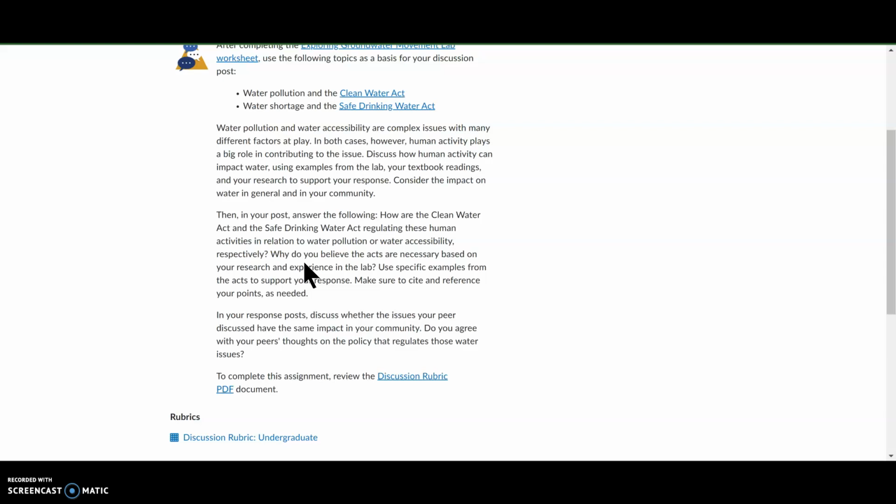You're basically looking at your peer and seeing if the issue that your peer brought up has impact in your community. Do you agree with their thoughts about the Clean Water Act and the Safe Drinking Water Act? So this is a really good opportunity to have a civil debate about these issues.